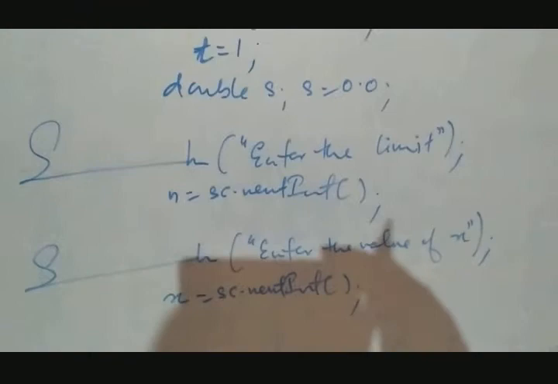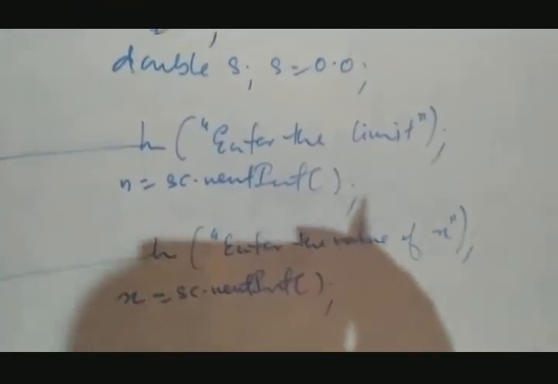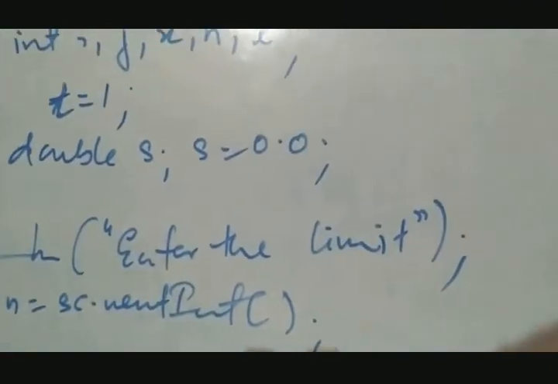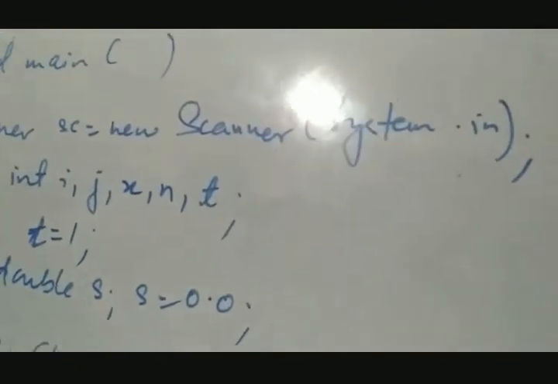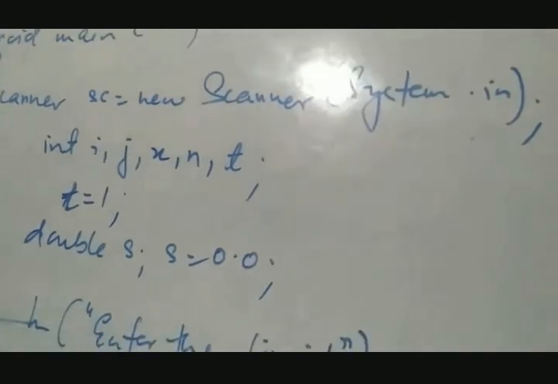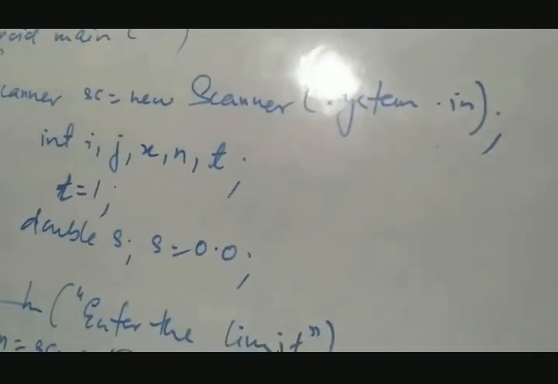You got the x value also, we have got the x value also. Alright, now we need to implement what? We need to implement the logic here. So we will be going with the loops, and we will be finding the sum also.